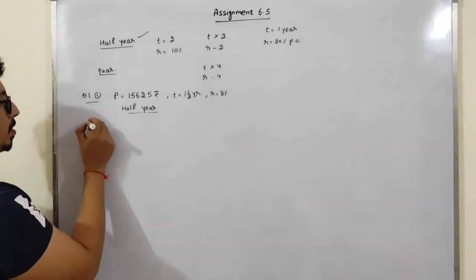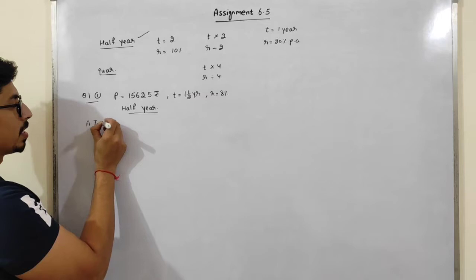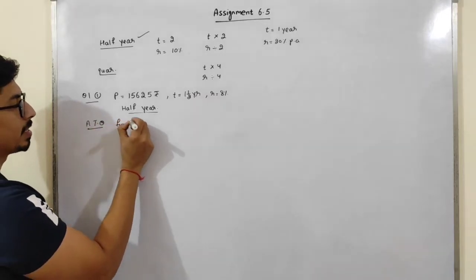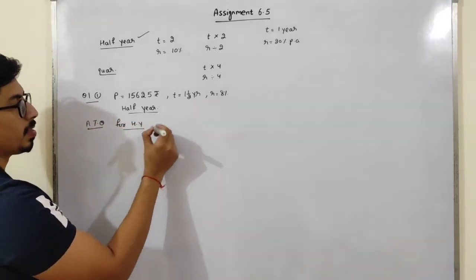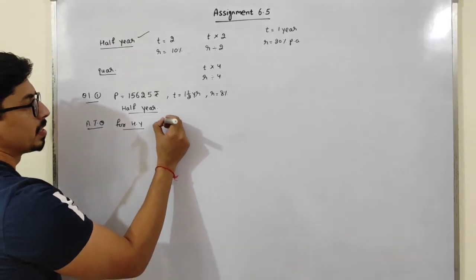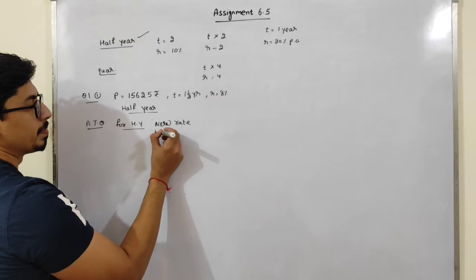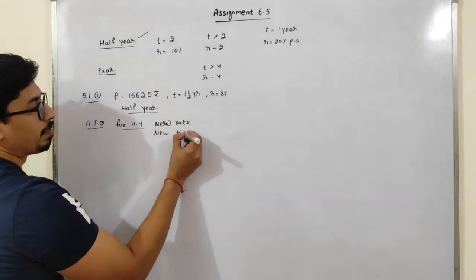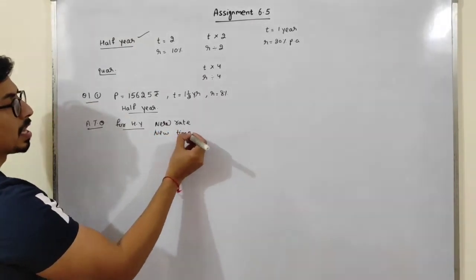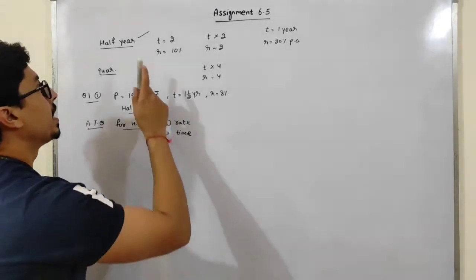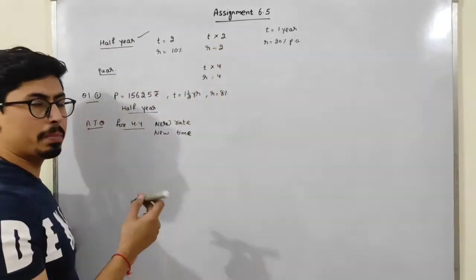Now see, according to the question, for half yearly we need the new rate and new time. I have already told that for half yearly, take time and multiply it by 2.